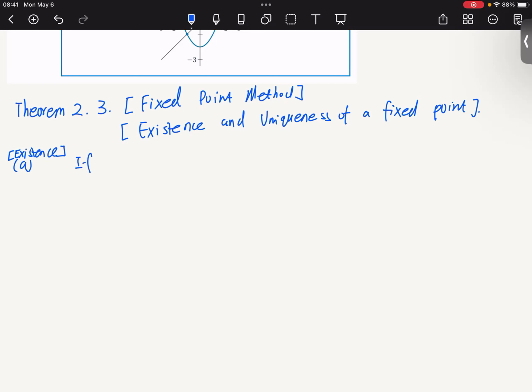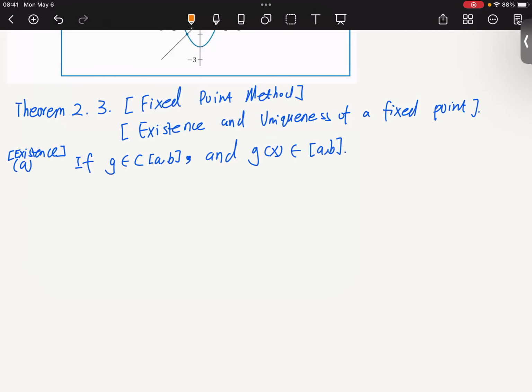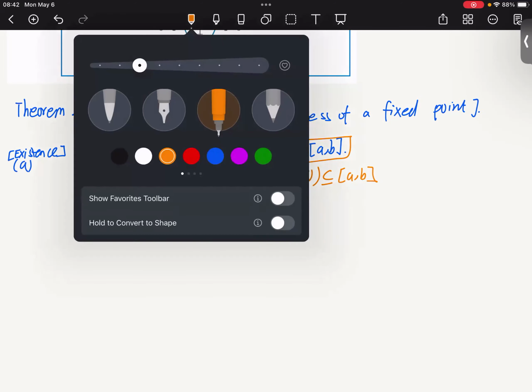First, we need g to be a continuous function, and there's one very special requirement here: the range of g(x) is also a subset of [a, b].